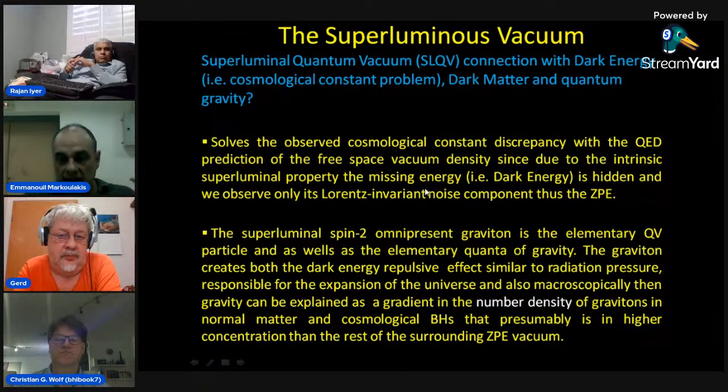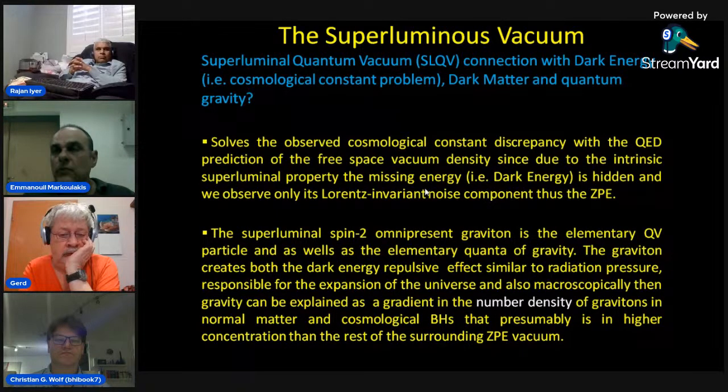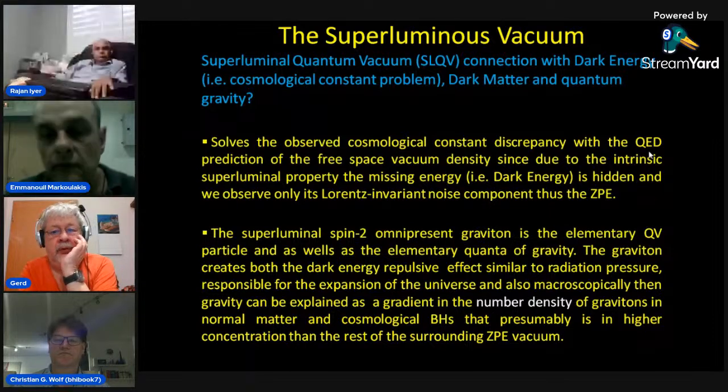So the expansion of the universe actually observes a much smaller, 120 orders smaller, vacuum energy density than the one predicted theoretically by QED, quantum electrodynamics. This is the worst prediction in physics, and one of the great unsolved problems in physics.